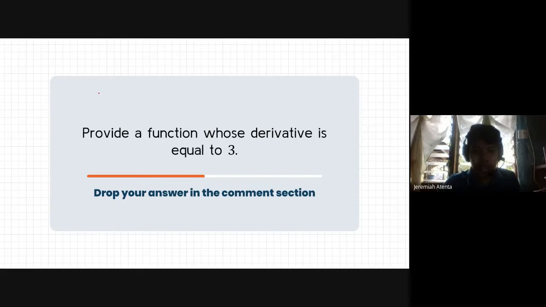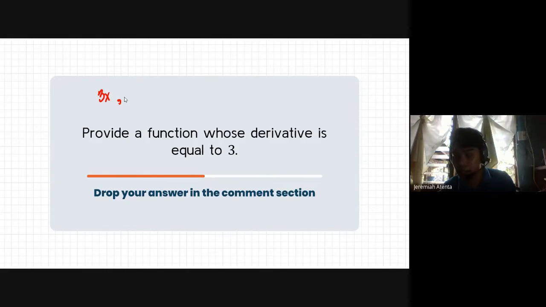What else? Is there any other function aside from 3x whose derivative is equal to 3?